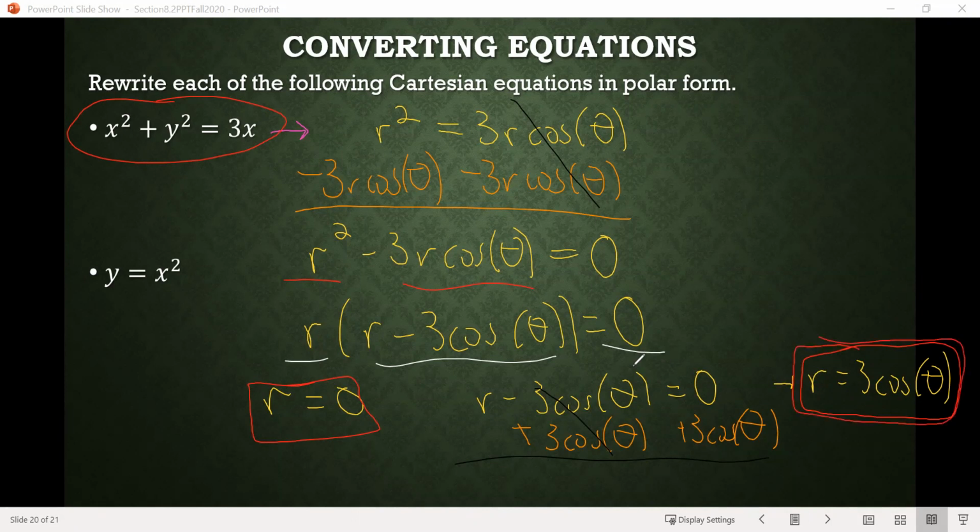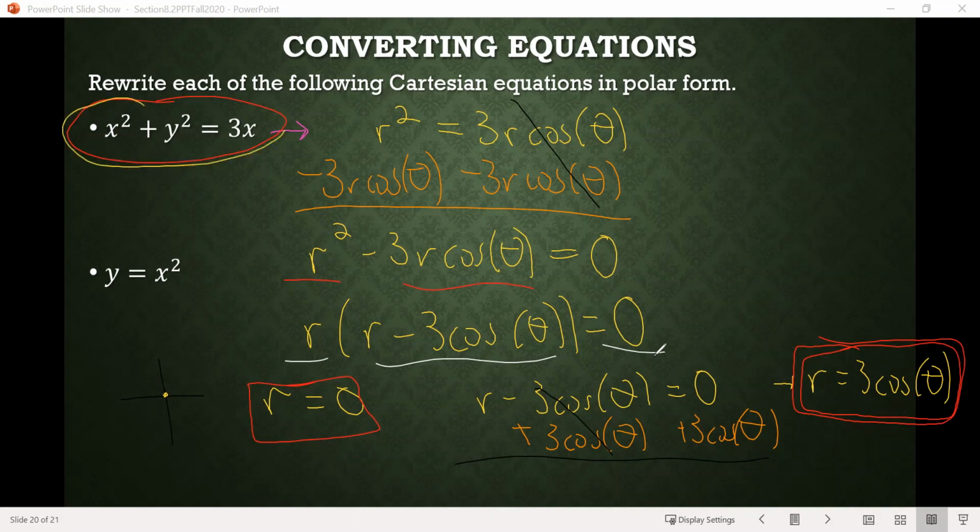And the reason we know that is if we were going to graph the r equals 0 solution, well, that tells us that regardless of what the value of theta is, the value of r is 0. And so as we rotate around, we're going to be going 0 distance away from the origin, which means we're just going to have a dot at the center.